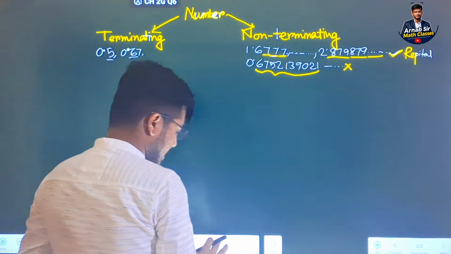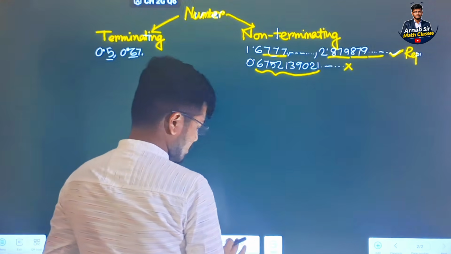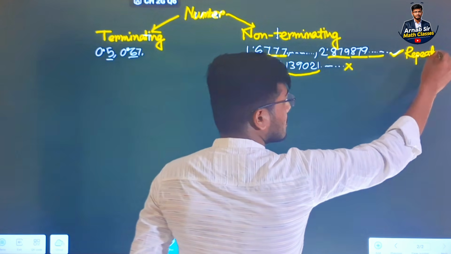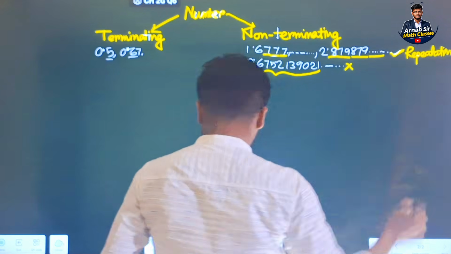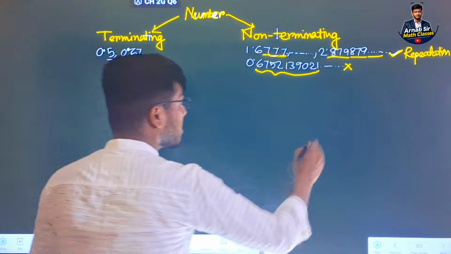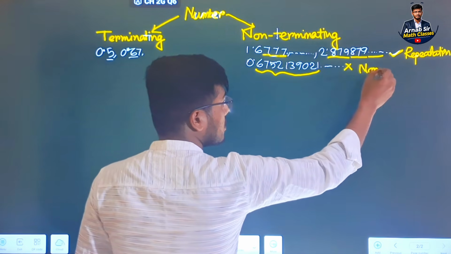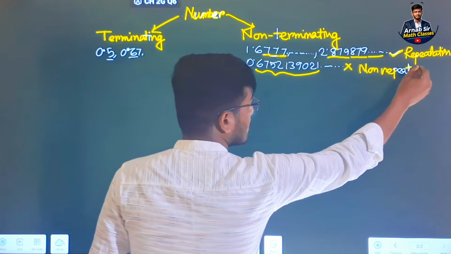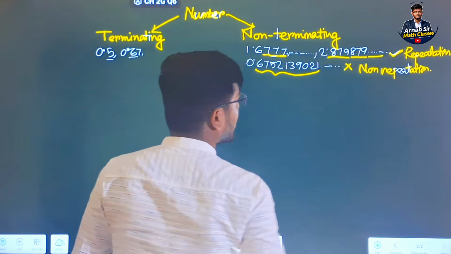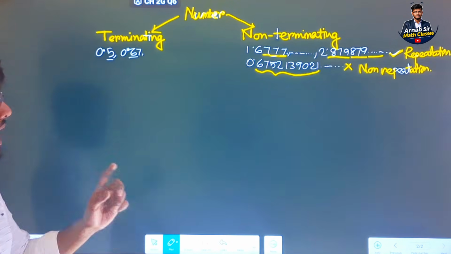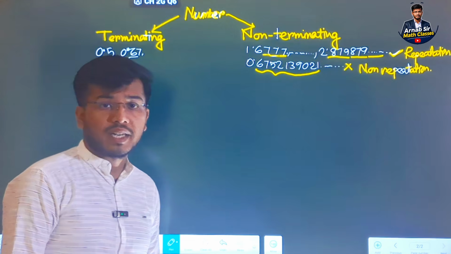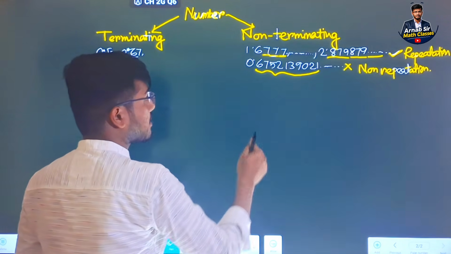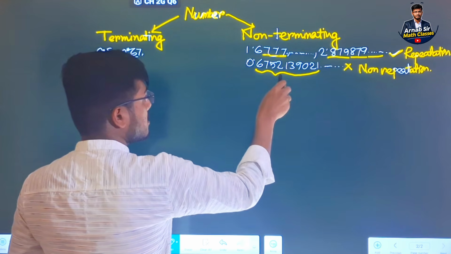There is repetition and there is non-repetition. Okay. So at first, according to the repetition property, we will classify the non-terminating numbers by which way?